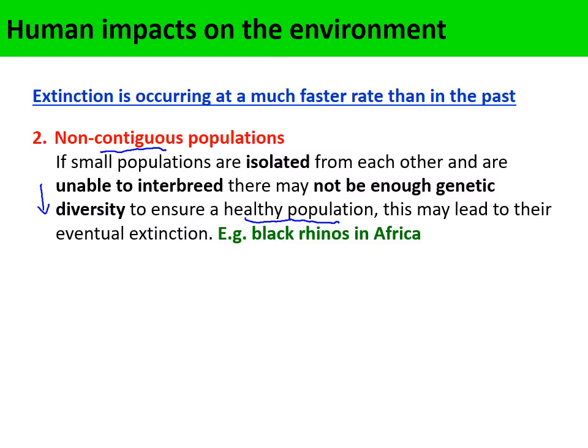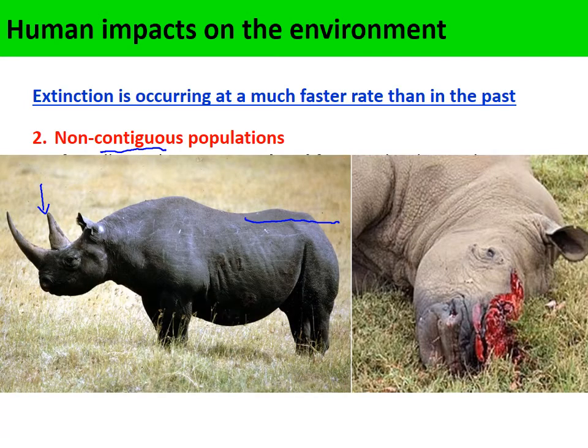So a nice example is the black rhino from Western Africa. Now the black rhino has been extensively hunted for the horn. So you can see here on the left, this is the black rhino. The horn, in this not very nice picture on the right hand side, is chopped off. So this black rhino would have been killed. The horn is removed. Quite often the horn is used in things like Chinese medicine, and it's made of keratin and calcium, and various other molecules.